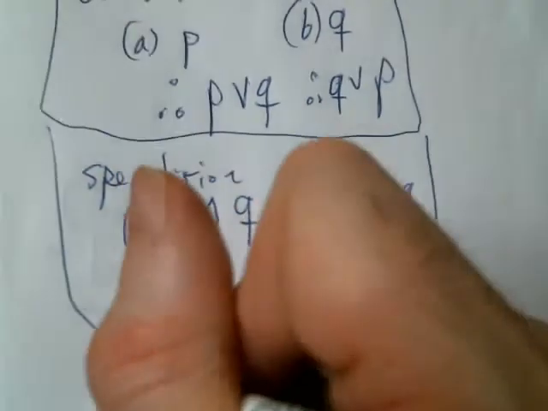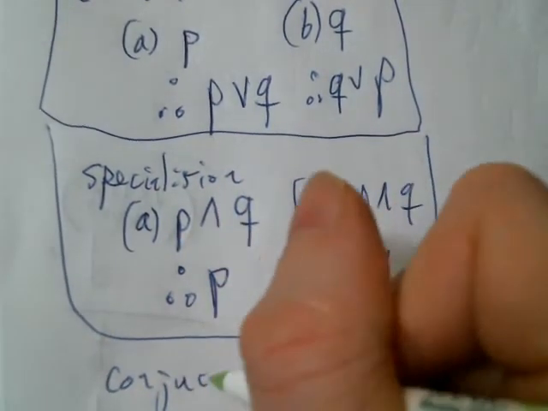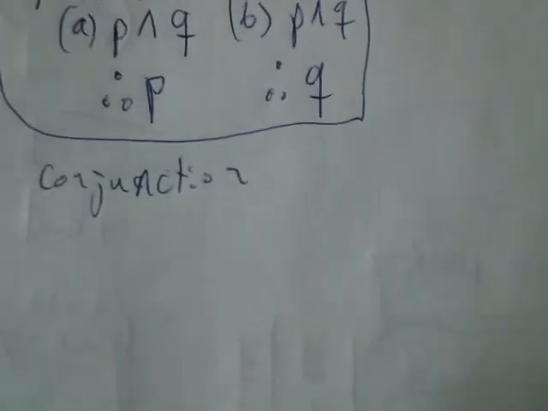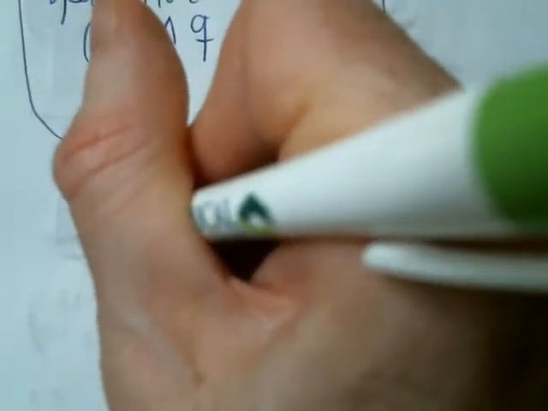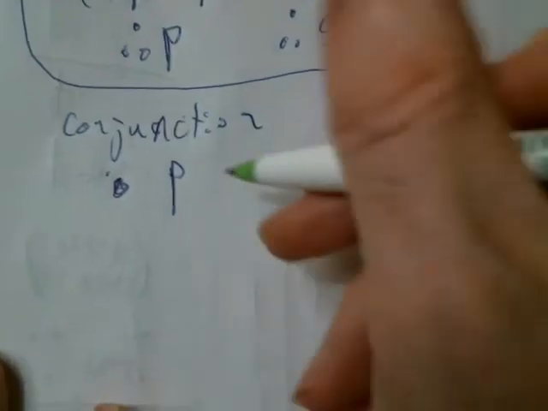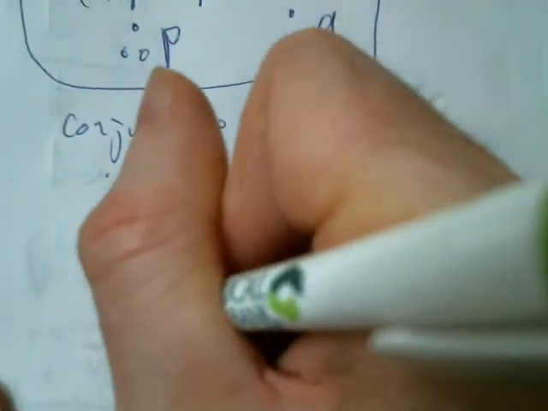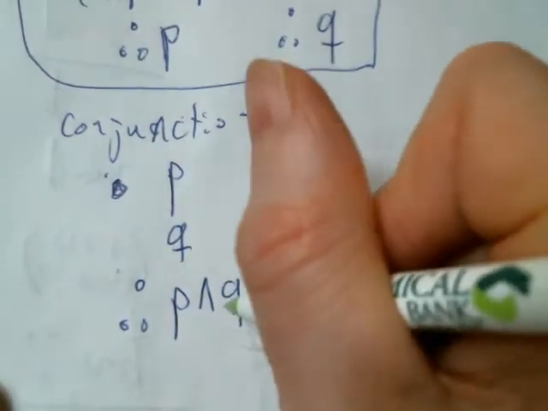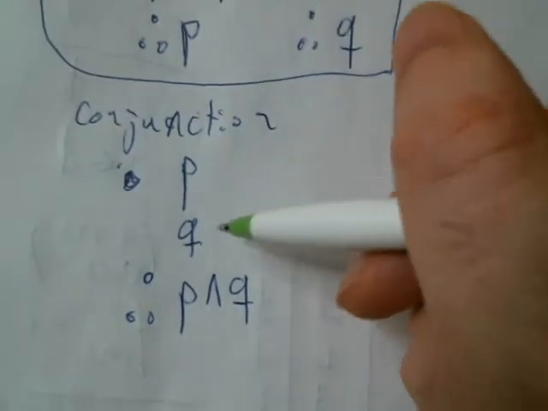All right, conjunction. If somebody says one statement and then gives you another statement, you can put them together with a conjunction, right? So if somebody gives you P and then somebody comes along and gives you Q, you can conclude P and Q. This is true, and then they give you this is true.